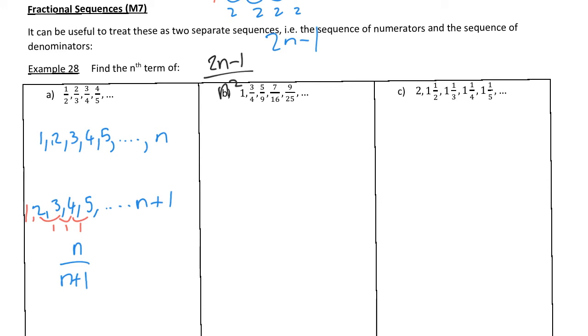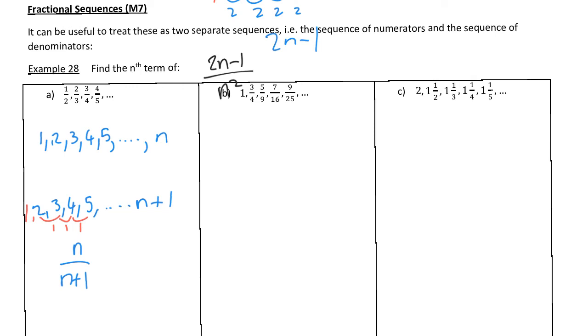The last one then, example C. We've got the sequence, and again I'm going to put this as a top-heavy fraction, so that's 2 over 1, 3 over 2, 4 over 3, 5 over 4, and 6 over 5.